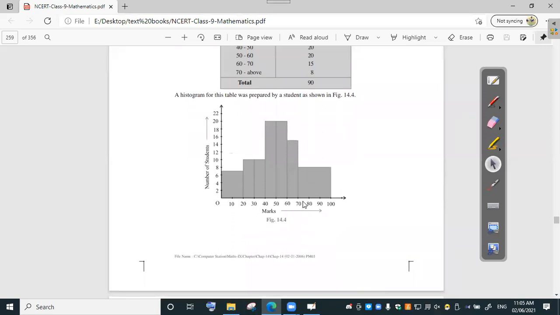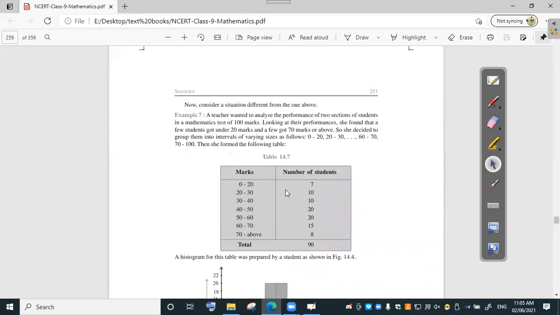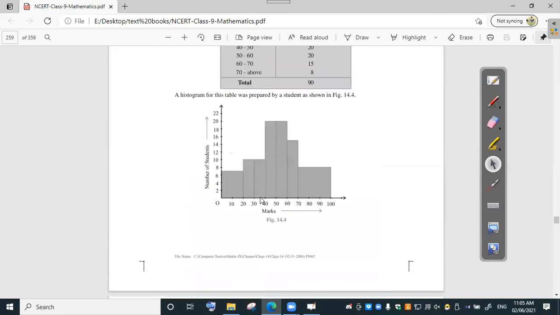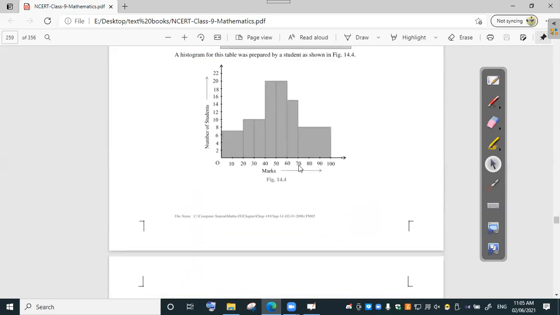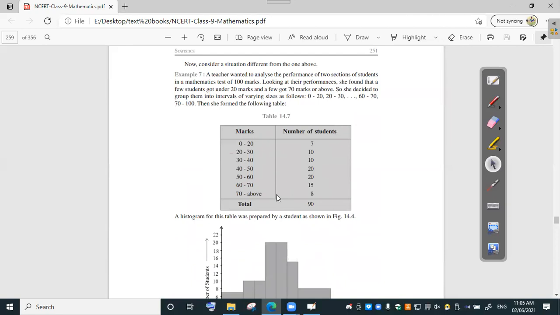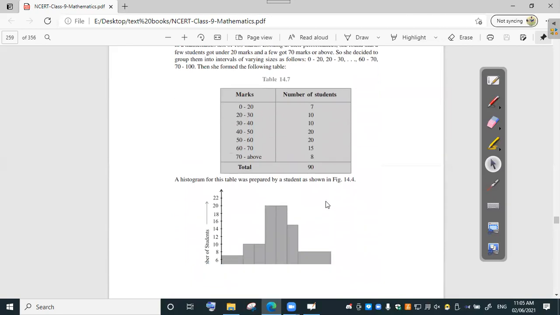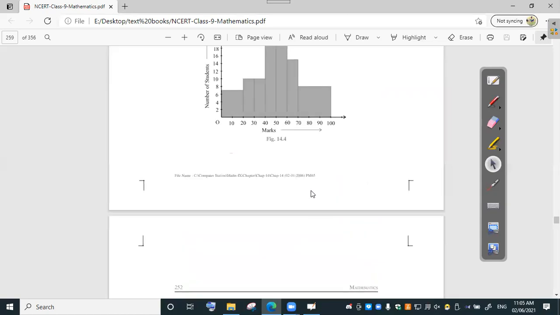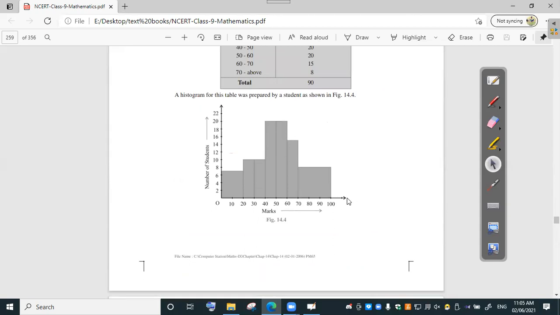So 60 to 70 has the greater frequency than 70 to 100.